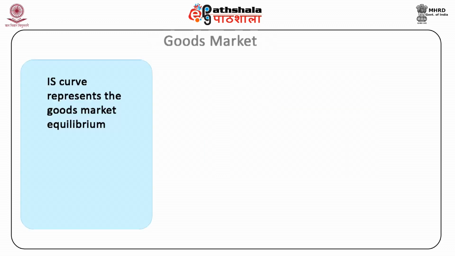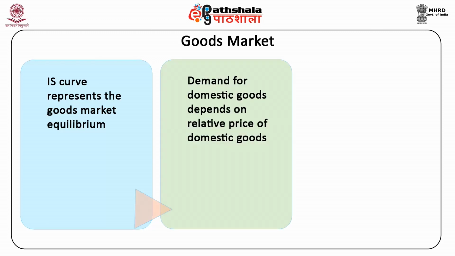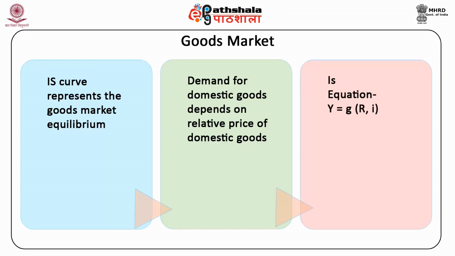Goods market. The IS curve represents the goods market equilibrium. In the goods market, demand for domestic goods depends on the relative price of domestic goods with respect to foreign goods, interest rates, and real income. Thus, we have the following equation for the IS curve: Y = G(R, i), where R is the real exchange rate or the relative price of domestic goods.